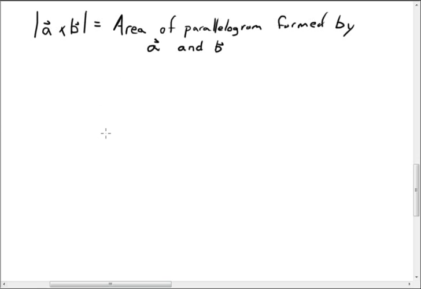Well, we can look at it this way. Here is our origin, and we have A going out this way, and then we have B going out this way. You can think of these as points that make up a parallelogram. It comes out like that. Now we have the cross product, which is a vector perpendicular to both, coming up like that.